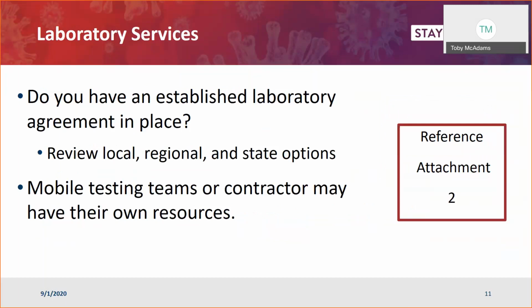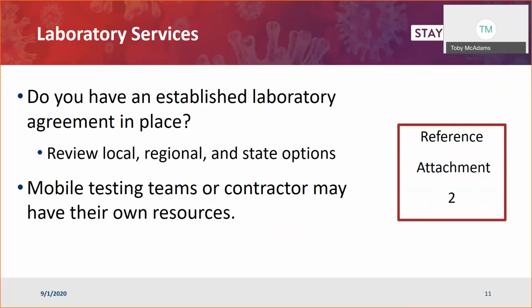Same thought process here. You're going to think locally first and move up then to the state. So what existing lab partnerships and agreements do you have in place? And are they equipped and willing to process the specimen collection that you have from your testing date?